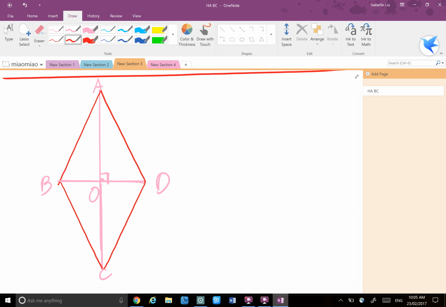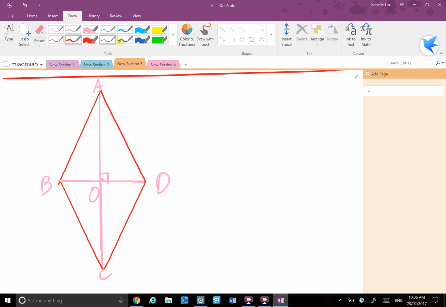The definition is a quadrilateral with four equal sides. If you can prove AB equals BC equals CD equals DA, then that's a rhombus. What you're trying to prove is that all four sides are equal, because the definition of a rhombus is a quadrilateral with four equal sides.